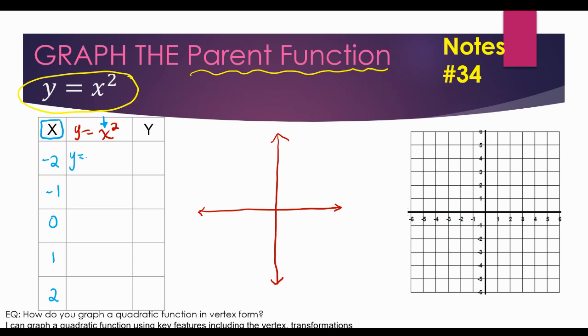So y would be equal to, what is negative 2 squared? Now, when you have a negative number, you should always be putting that in parentheses, okay? This one will be negative 1 squared. The next one will be 0 squared. So we're plugging that in for that x value right there. This one will be 1 squared, and the last one will be 2 squared.